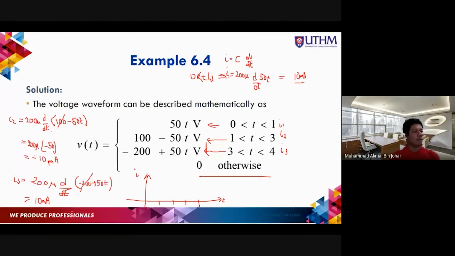So kosong sampai 1 tadi 10 mili ampere. Straight line tak bergantung kepada T. Sebab 1 sampai 3, negatif 10. Okay. And then 1 sampai 4 adalah 10 juga.